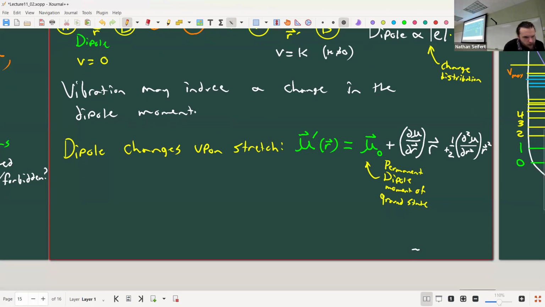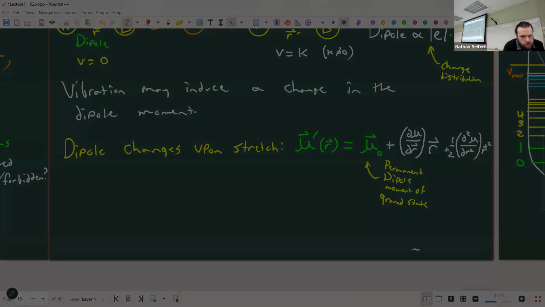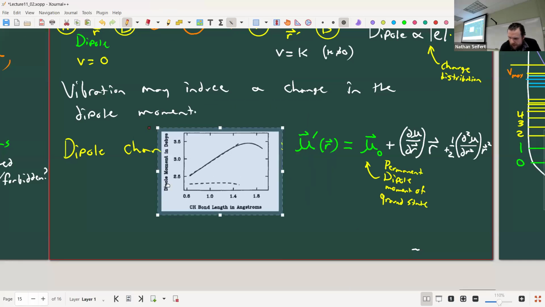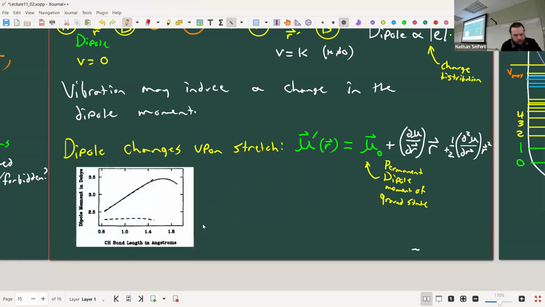of a dipole moment as a function of bond length. This molecule, I think, is HCN.